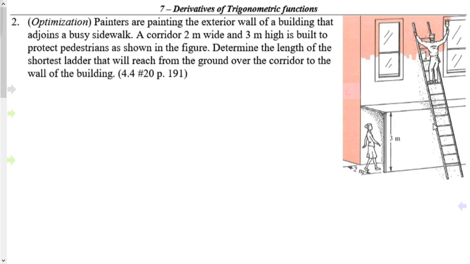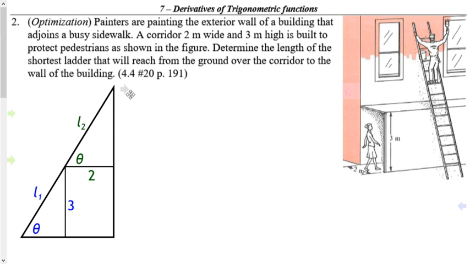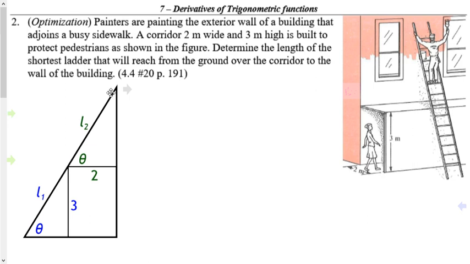So if we look at kind of a side view diagram, this is what we see. So here the hypotenuse is the ladder, and then here this rectangle at the bottom is that corridor that goes over top of the sidewalk. And you can see where I've introduced an angle theta here. And theta will be the same because this angle continues all the way along, and this is compared to horizontal.